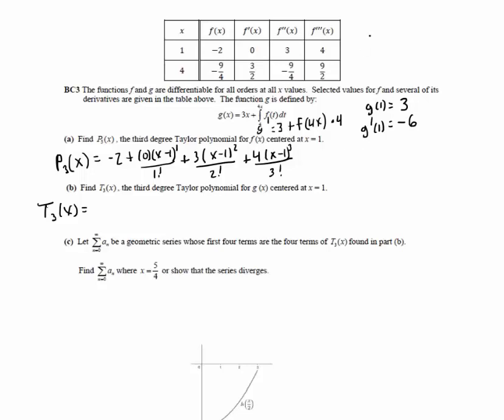Okay. Now g double prime, well, the derivative of 3 is 0, so luckily that goes away. The derivative of this is going to be chain rule, so the 4 will stay there. The derivative of f of 4x is f prime 4x times the derivative of the inside, which is 4 for the chain rule, which is going to give me 16 f prime 4x.